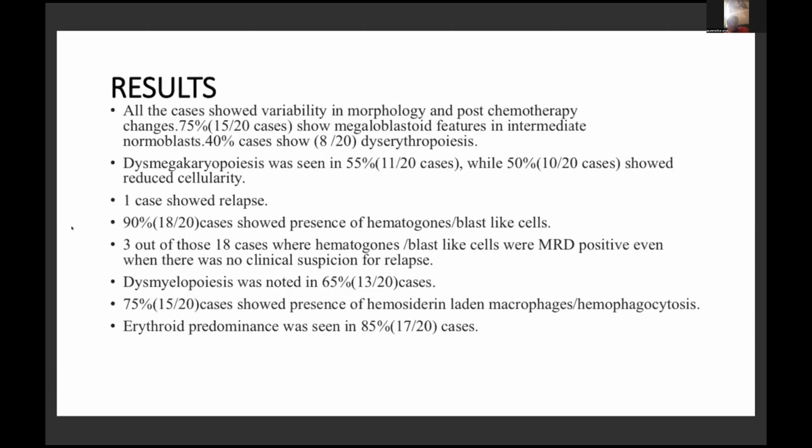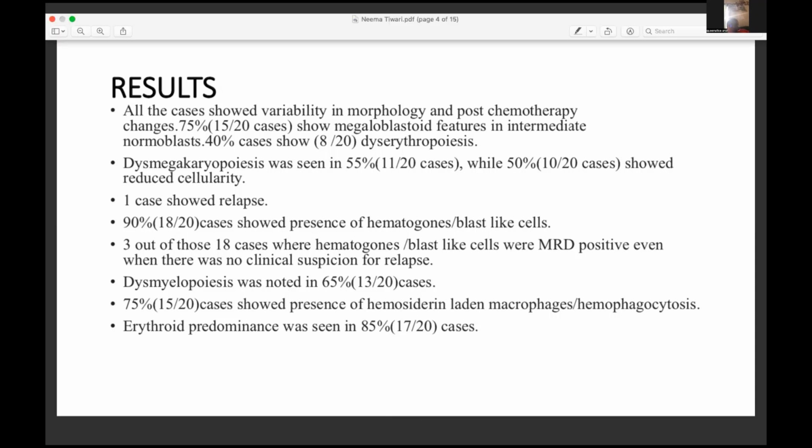So I've just come to the results and I'll show you the images. In all of our cases there was a spectrum of morphological variation. I will show you in the table the few important points that one needs to remember as a pathologist diagnosing a post chemotherapy marrow: you might get some features which mimic a megaloblastic anemia marrow.